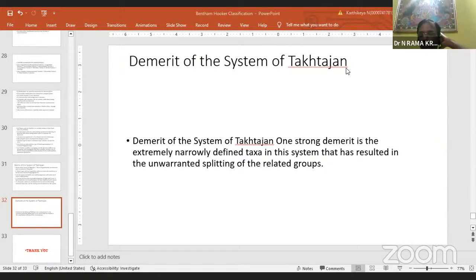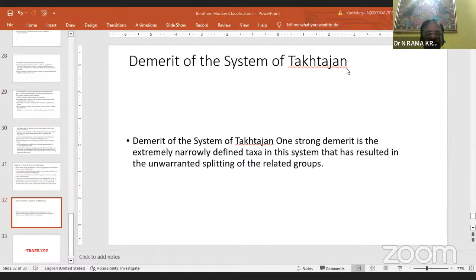Another one is the natural system of classification proposed by Bentham and Hooker, considered an excellent natural system. That's why, as I already told you, most countries follow the Bentham and Hooker classification. Most modern systems of classification are phylogenetic, based on evolution.